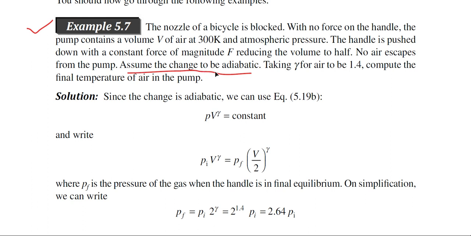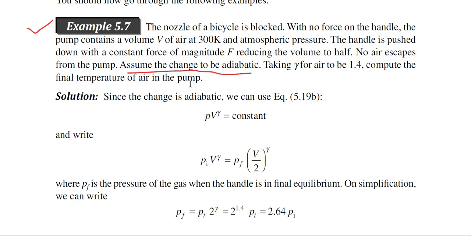Assume the change to be adiabatic. We are assuming that this particular change of state happening inside the pump is adiabatic, and we are taking gamma of the air as 1.4. So, what we have to do? We have to calculate the final temperature of the air inside the pump. That is our task.